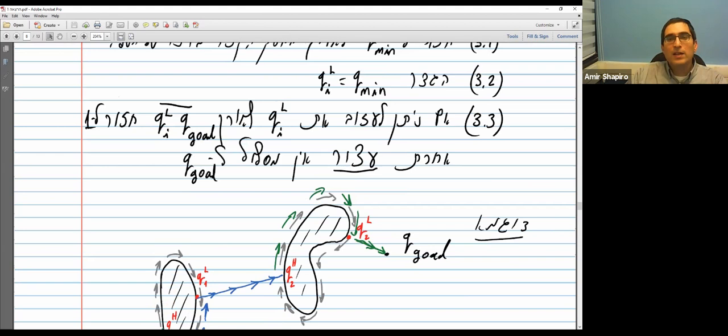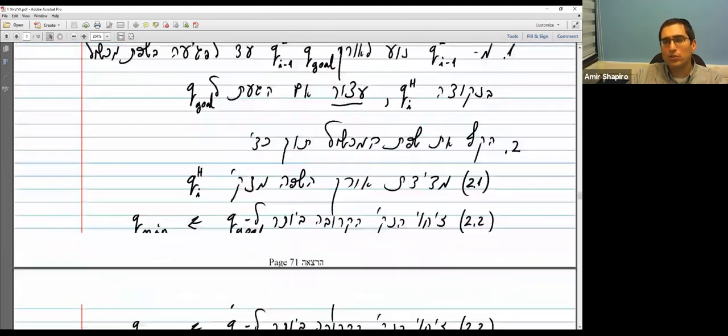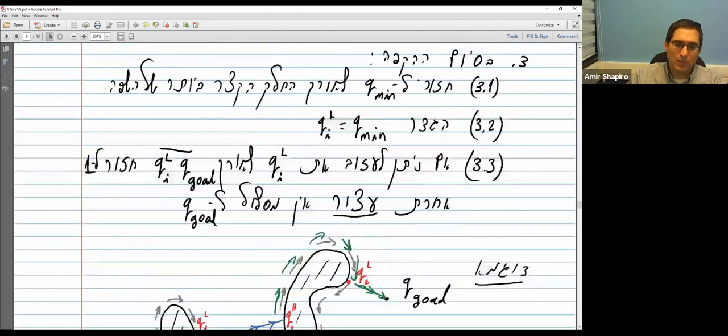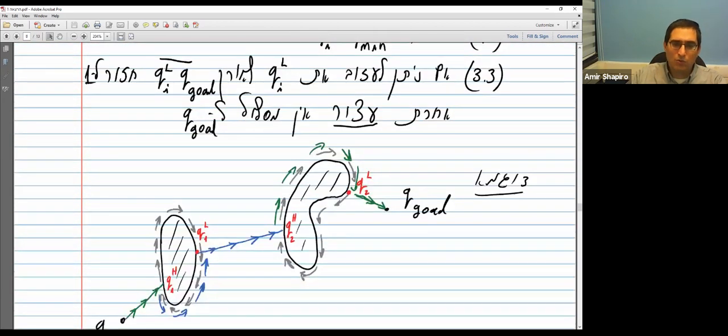If you can leave QL along the line that connects QL to Q goal, along this line, then you go back to step 1 and continue all this from the beginning as we did here, and you go to the next obstacle.